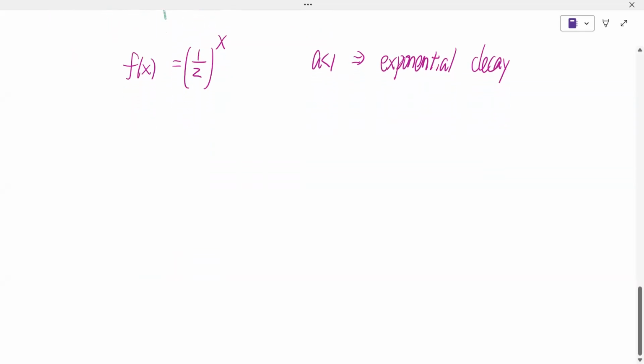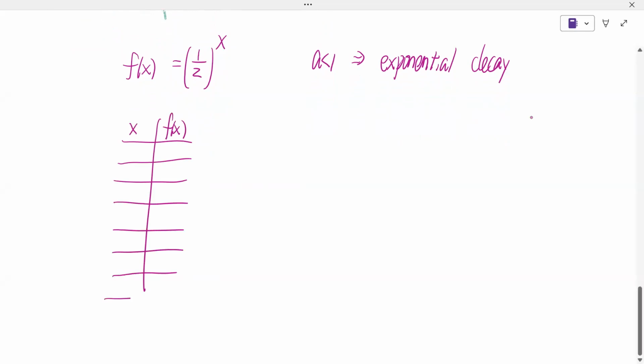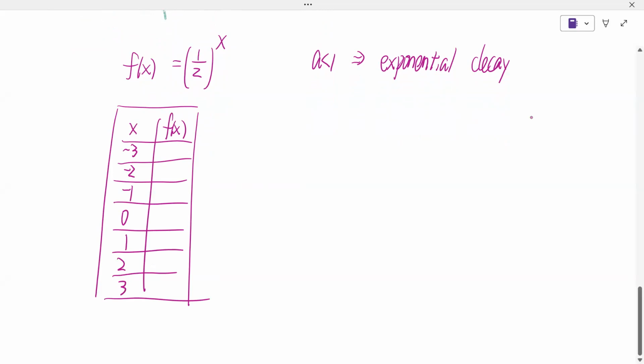And similarly, we will get 7 points, just like the other one. So we're going to do x: 1, 2, 3, 4, 5, 6, 7. And we can use the same numbers, right? So there's -3, -2, -1, 0, 1, 2, 3.